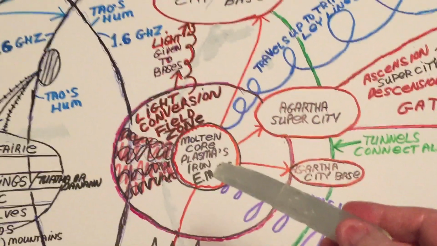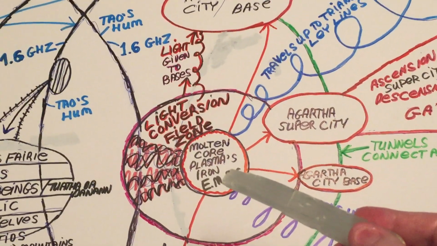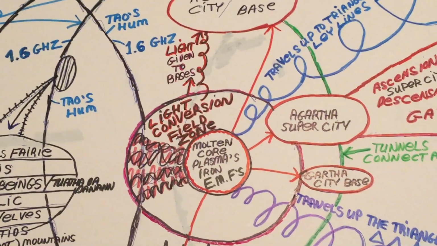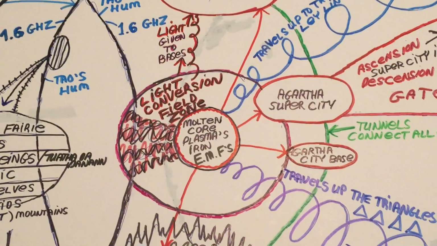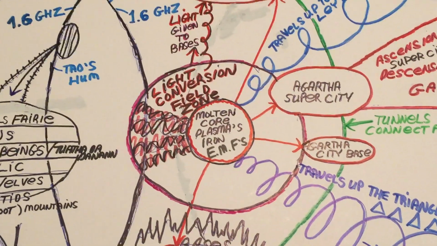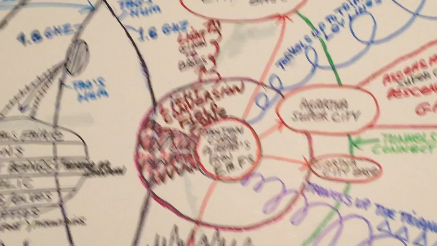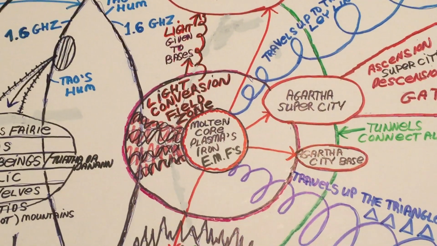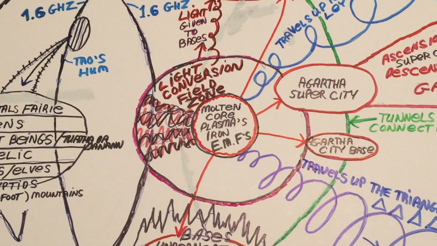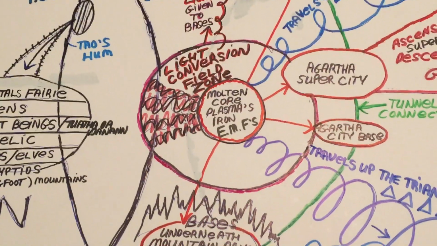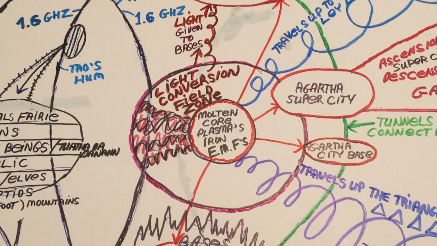This is the Earth, and at the center I'm shown a molten core, just like what all the experts, the scientists believe. It's a very large core of molten plasmas and iron and so forth, EMFs.